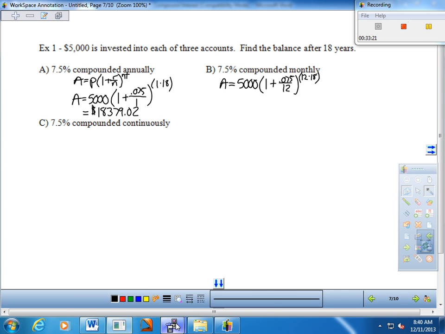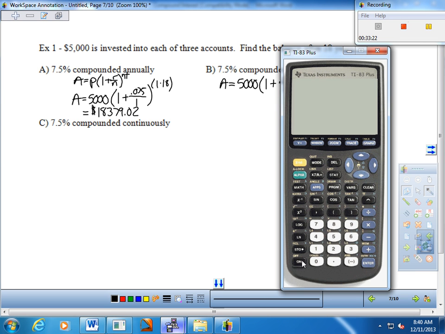All right, everyone, same thing. And again, what do you think? Do you think we're going to earn more money than our answer from Part A, or less, or the same? I don't know. Let's find out. So we've got that right there, 1 plus 0.075, divide by 12, raise it. Again, I do parentheses on that, and we apply that growth factor 12 times per year for 18 years.